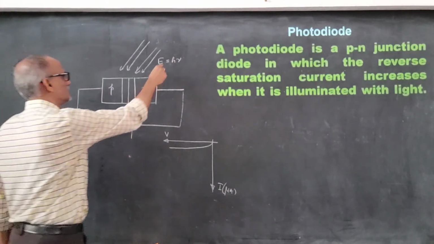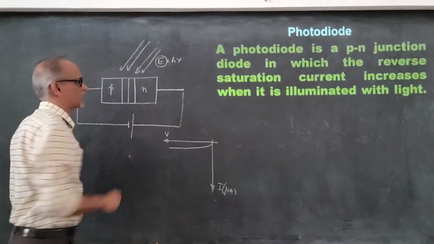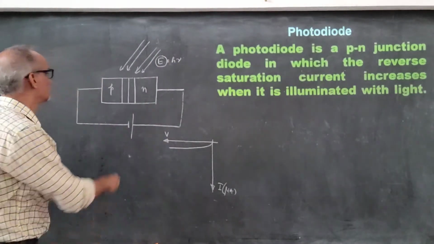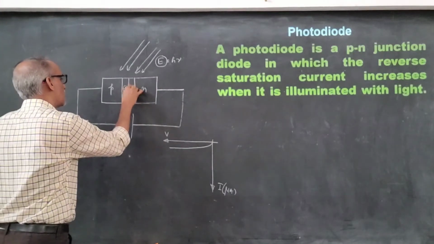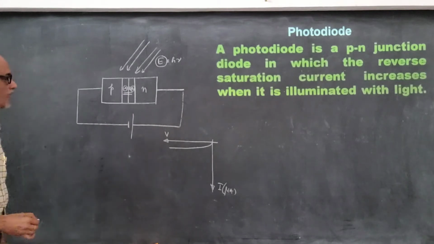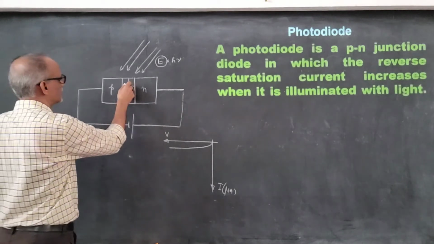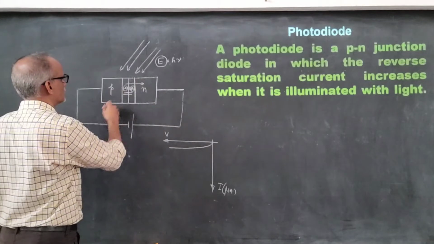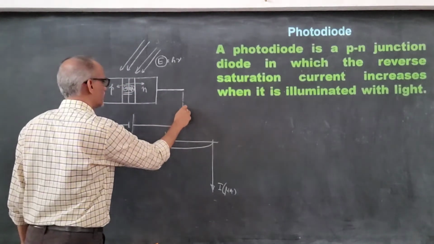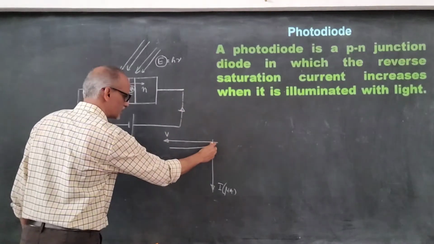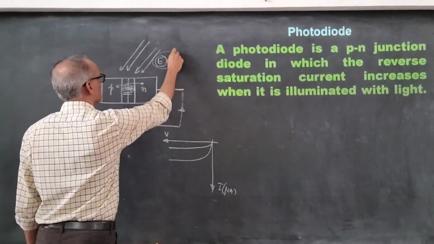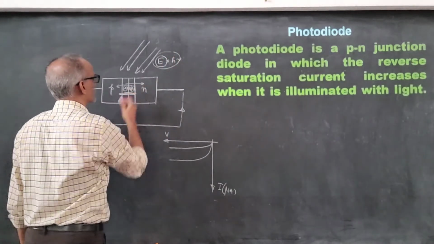If this energy is greater than the energy gap between the valence band and the conduction band, then electrons and holes are created here, and the electrons will move towards the N region and the holes will move towards the P region, and that will result in a current. Therefore, the current through the circuit increases because the photons create the charge carriers here.